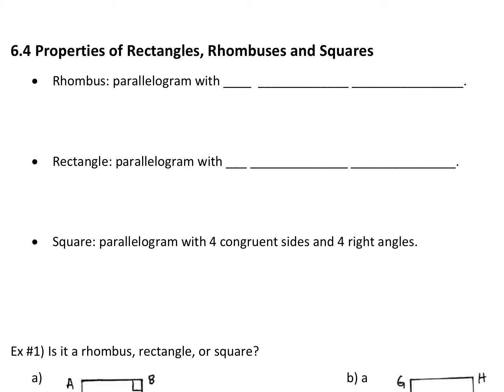Too many germs. Okay, I just told you what a rhombus is, like 10 minutes ago. Can you tell me what a rhombus is? All the sides are equal, okay? We don't need to know anything about angles. It is a parallelogram with 4 congruent sides, okay?